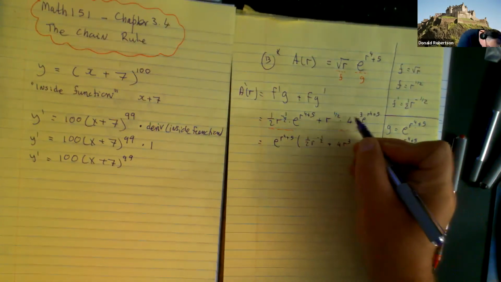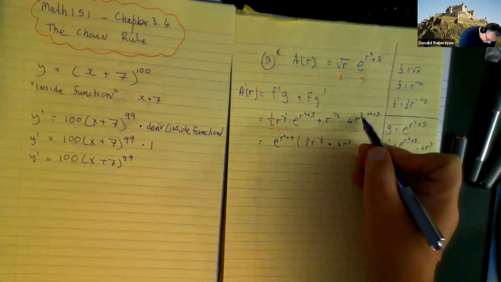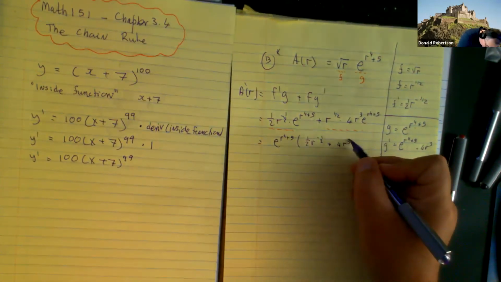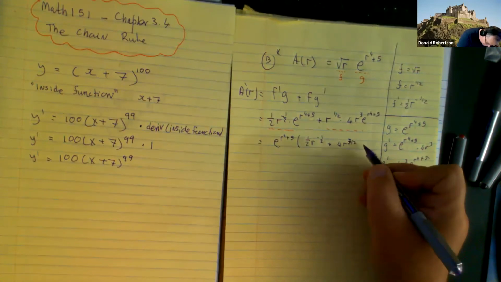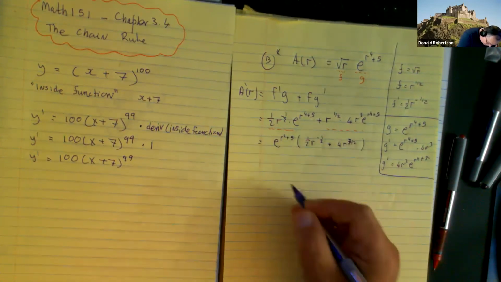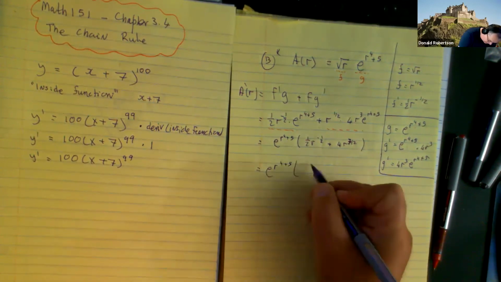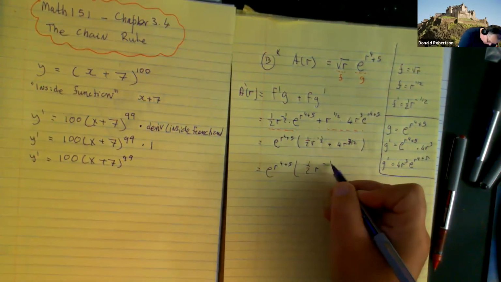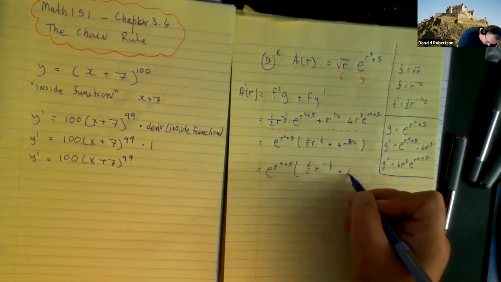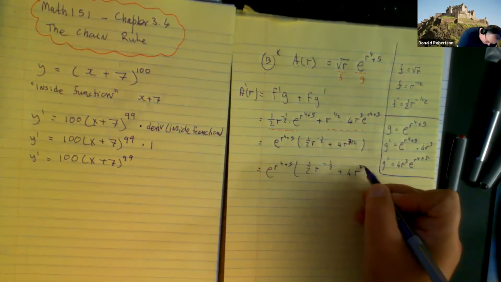Well, actually, these two multiply together, don't they? So you add them, you get 3.5. Nobody likes 3.5, so there's 7.5. I'm going to write that again because it's just a little bit messy. I have 1/2 r to the negative 1/2 plus 4r to the 7/2.